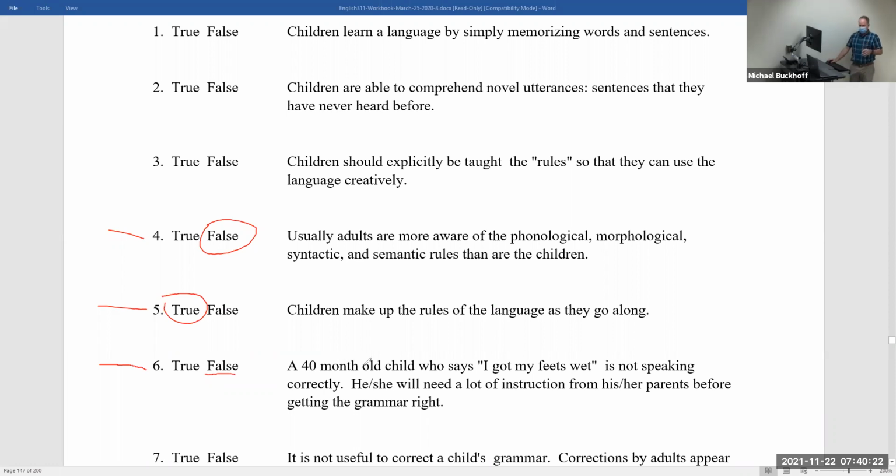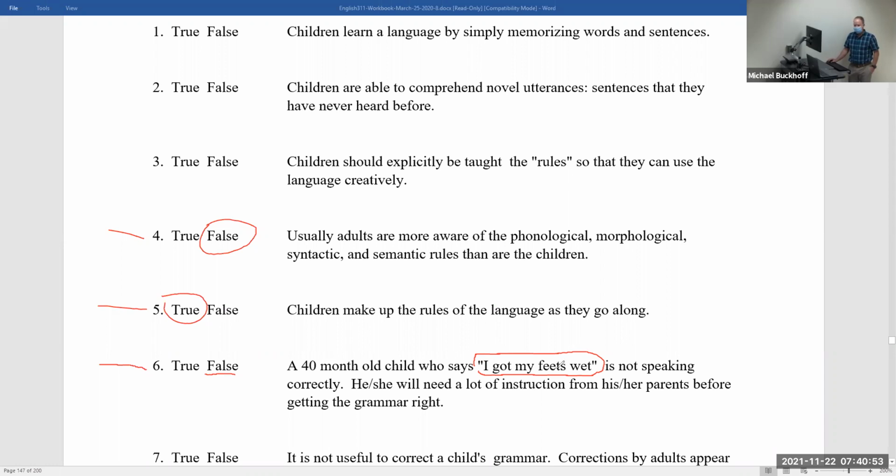Actually, there's a lot of things going on in this sentence that look pretty good, right? The child, number 1, is using the simple past tense form of an irregular verb, get versus got. So the child knows irregular verbs. Now here, you see the child's use of the determiner, and the child has syntax by saying, "I got my feet wet," right? So the child has an understanding of subjects, verbs, and objects and all that, and even uses an adjective at the end there.